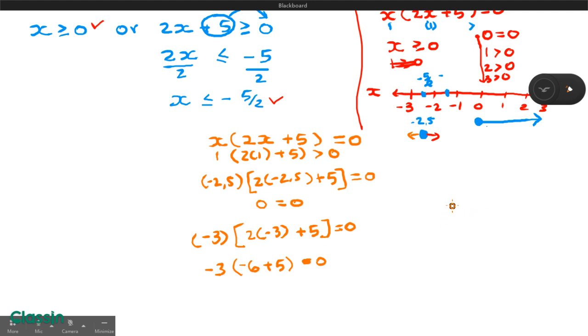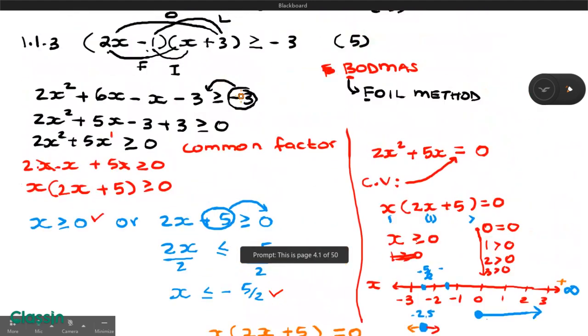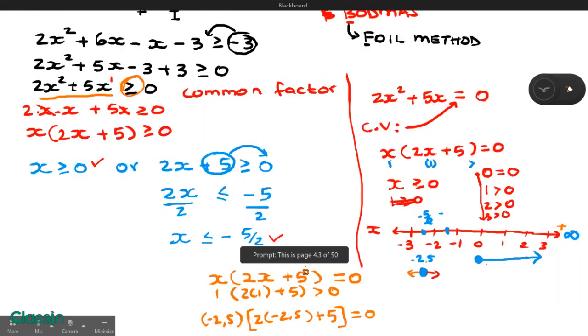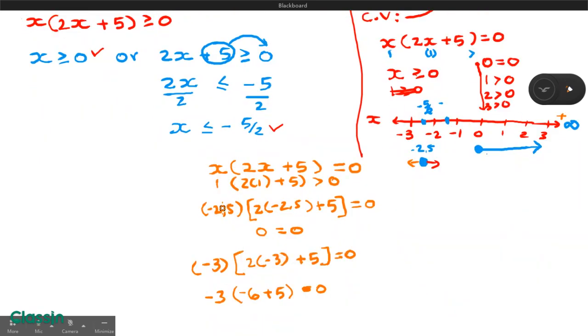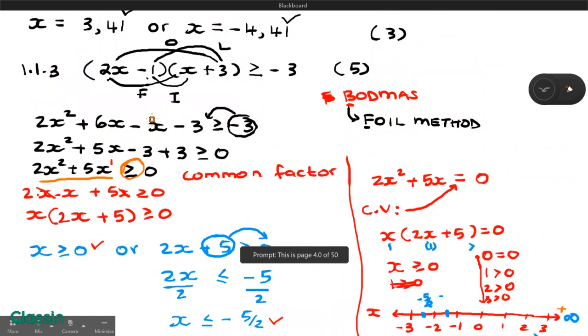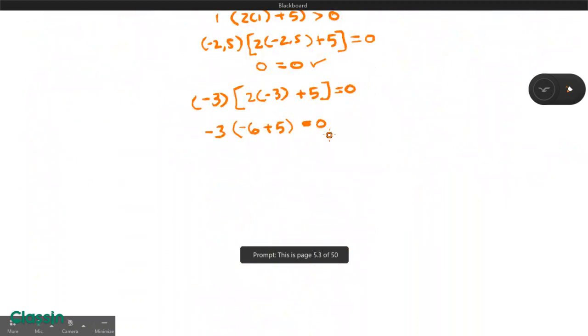Remember, we said that from the first question, it says that the answer, if you are here or if you are on this one, it says that the answer must be equal or greater than 0. It means that we have used -2.5 to get 0 and 0, which is equal sign. So it means it's this part. So now what are we looking for? We are done with the equal sign, but now we want the greater. So we are looking for the greater sign. So will this be greater than 0?